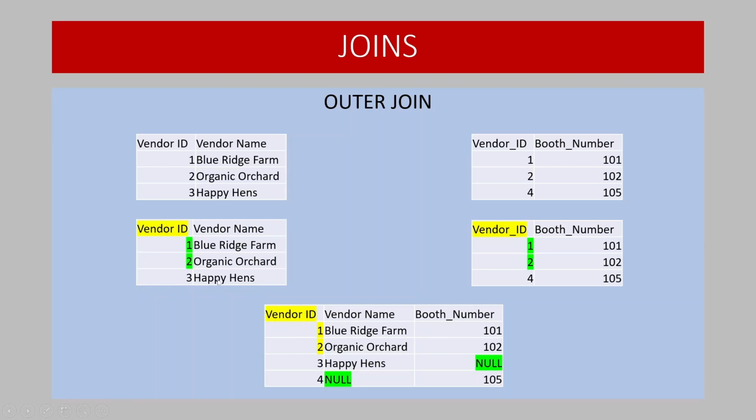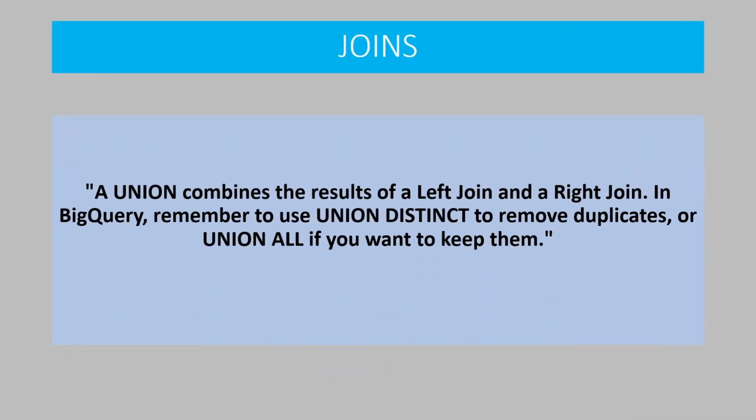But for vendor ID 3, Happy Hens, there is no booth number, hence it is null. And for vendor ID 4, there is a booth number, but there is no vendor name, hence it is null. This is the outer join. And we also have one more join called cross join.